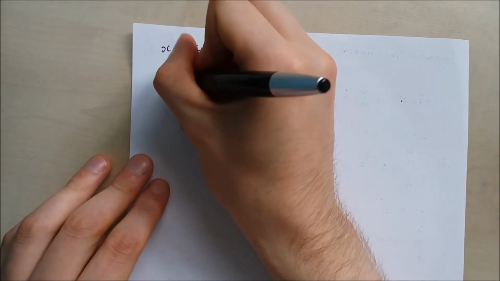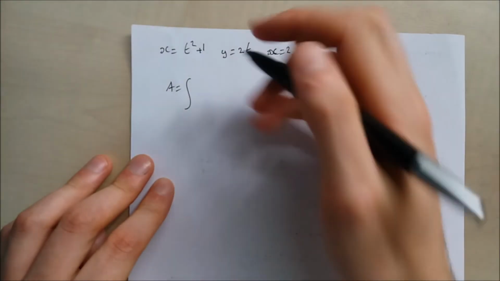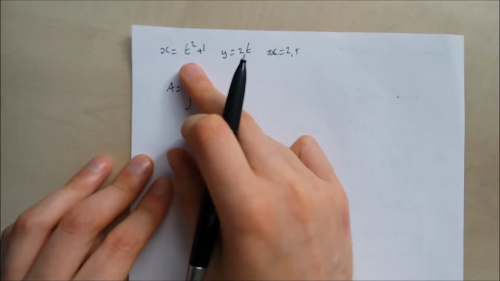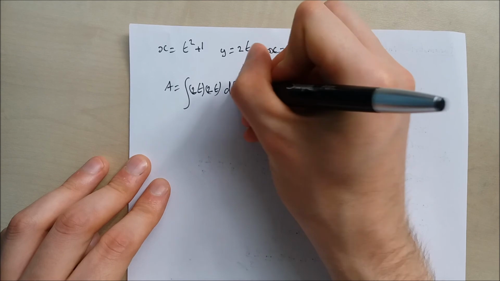If you take another example where x is t squared plus 1, y is 2t, and the 2 x values we're given are 2 and 5. So the area is the integral of, so y is just 2t, and the derivative of x with respect to t is also 2t, dt.